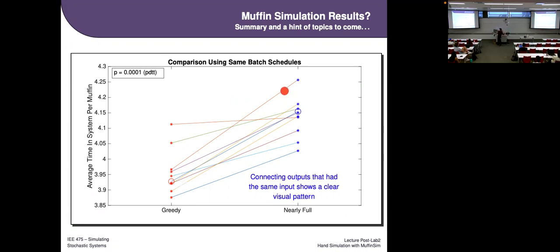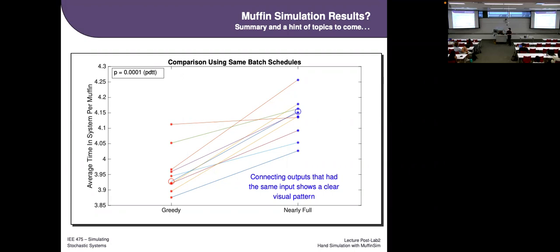This line here corresponds to 1 muffin schedule evaluated at nearly full and evaluated down here at greedy. So does everybody understand this plot and where the lines come from? There are 10 lines corresponding to the 10 digits, 0 through 9, of your ASU ID. And they're linking together the muffin performance for greedy and nearly full for each muffin schedule that corresponded to each one of those 10 digits. Does that make sense?